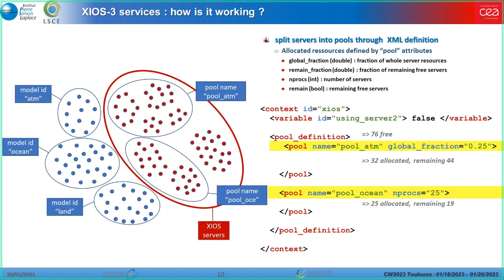And for the ocean, we use a fixed number. Maybe 25 servers are allocated for this pool. You also have other possibilities to select the resources, such as the remaining fraction of the free servers, or the whole remaining fraction, that is, all the free resources for the last pool.